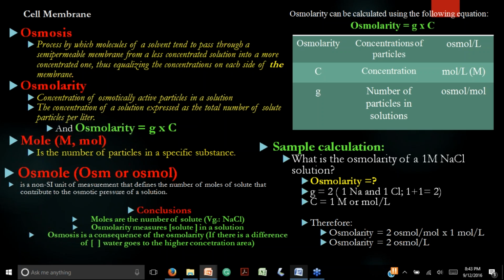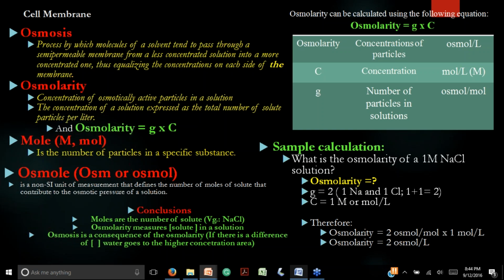When the osmolarities are different outside the cell, that is where osmosis is going to occur. In osmosis, the water passes from low concentration of solutes to higher concentration of solutes in order to dilute both sides.